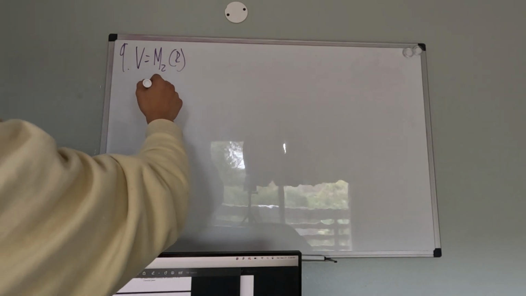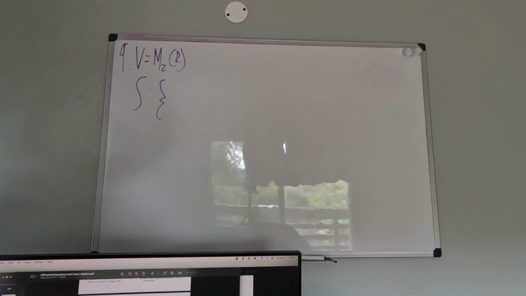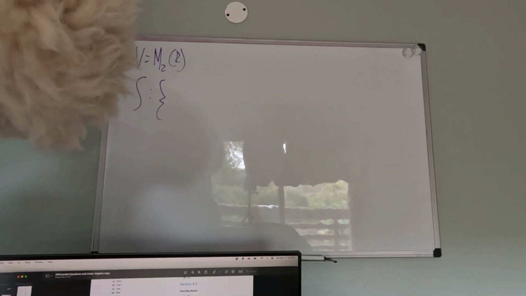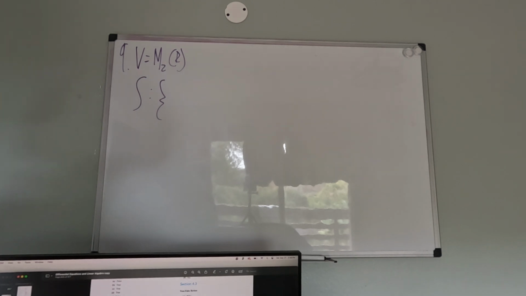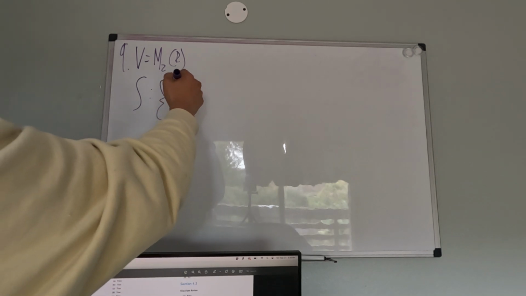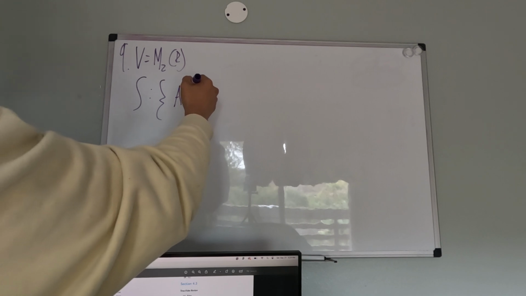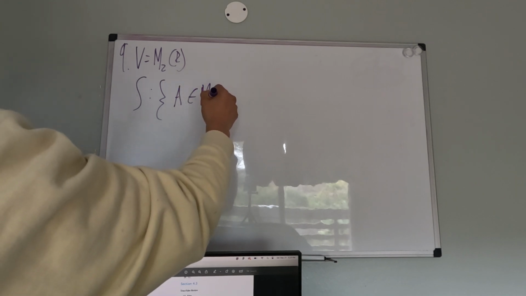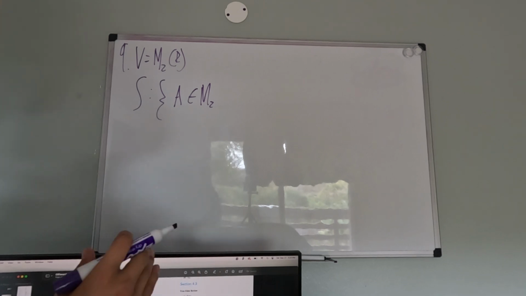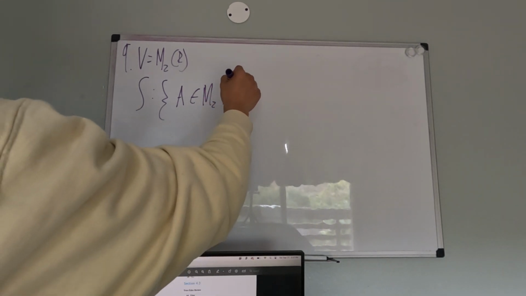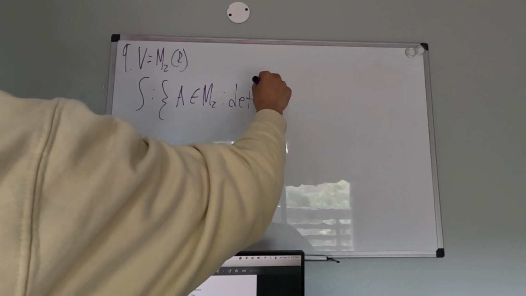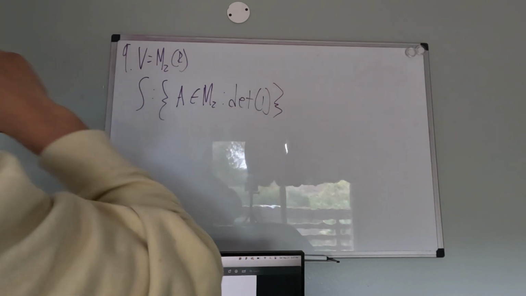Your sets are going to look like this in set notation: your matrix A belongs to all M2, all matrices in M2 with determinant 1. Let's check the zero vector.